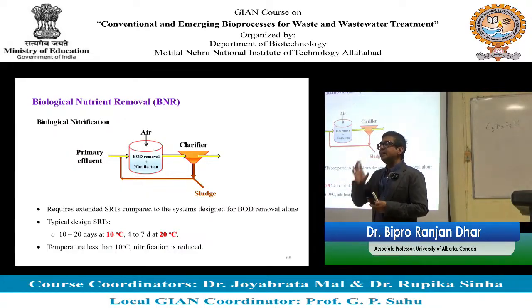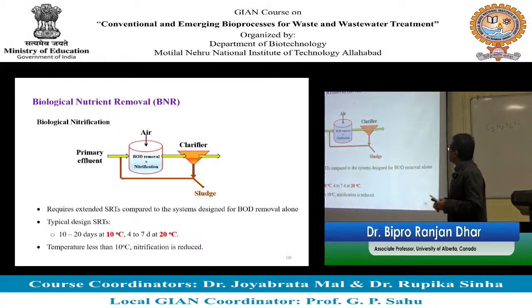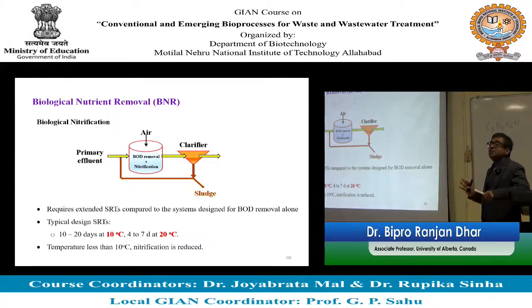In wastewater treatment plants, nitrification is the slowest biological process. Those microbes are very sensitive to temperature. At low temperature nitrification is very slow. At 20 degrees Celsius, the recommended SRT is 4 to 7 days.